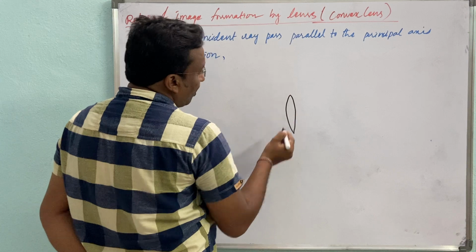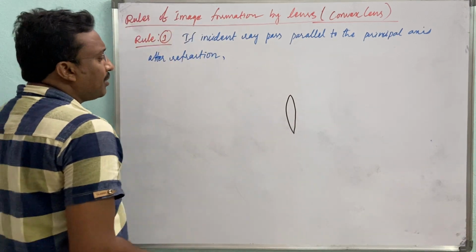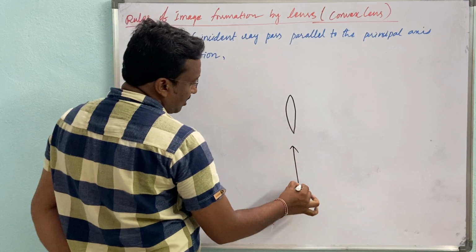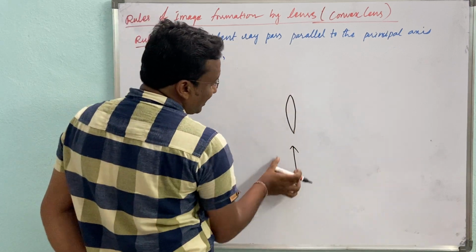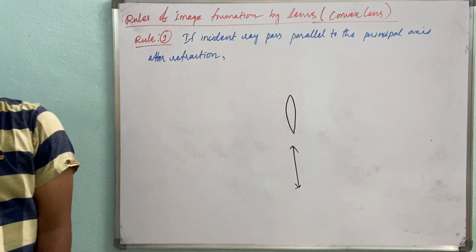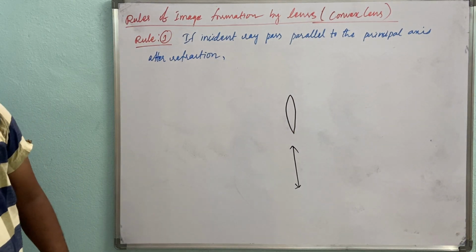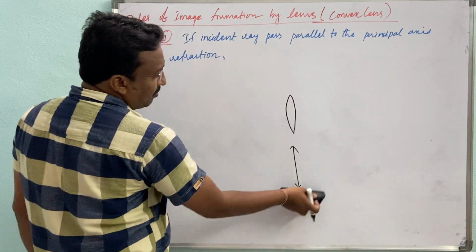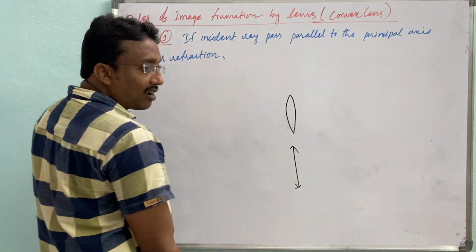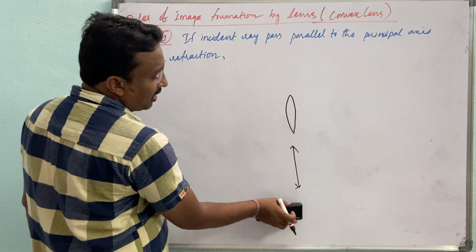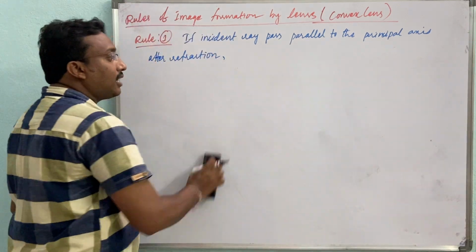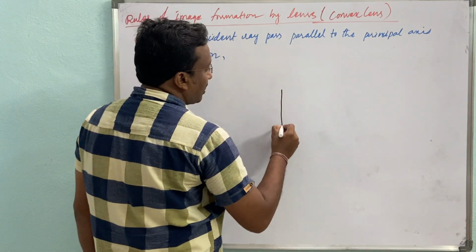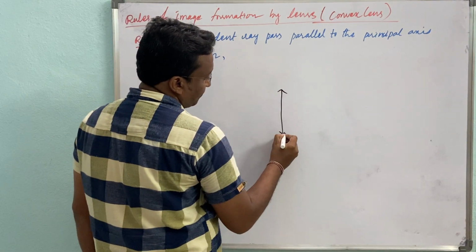Here, convex lens can be represented symbolically like this. Always to draw this perfect sphere we may get a little bit of difficulty, no? So instead of that we can use symbolical representation of convex lens. This is a symbolical representation. So now I will show with the symbolical representation only. Then convex lens, right?